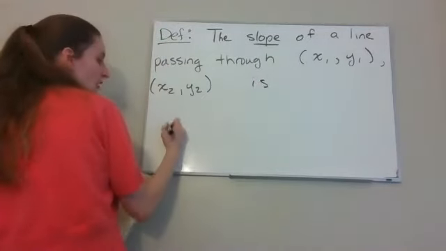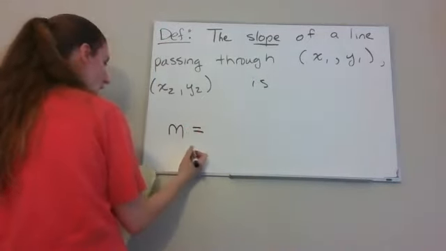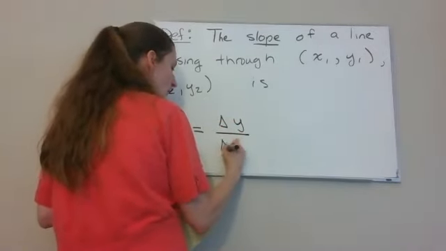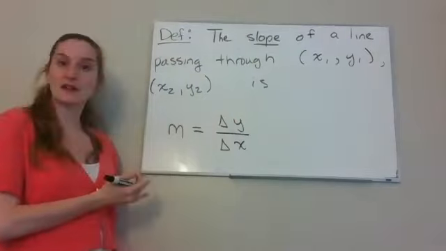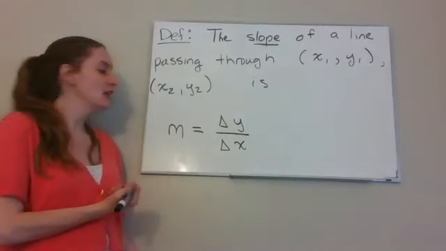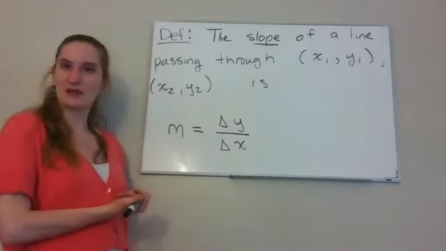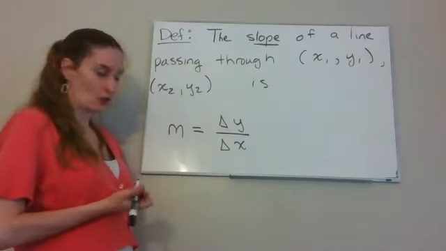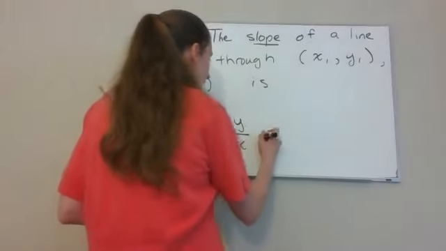And our slope, we usually use m to stand for slope, and that is delta y over delta x. This little triangle here is a capital Greek letter delta, and in mathematics that usually stands for the change. So this is the change in our y values over the change in the x values.